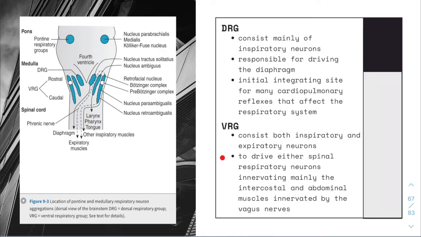This group drives the spinal respiratory neurons innervating mainly the intercostal and abdominal muscles, innervated by your vagus nerve. So you have two distinct nuclei present in your medulla, and these two nuclei are responsible for the generation of your respiratory pattern or ventilatory pattern.